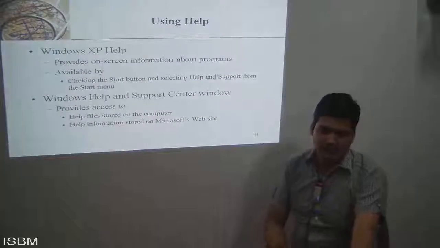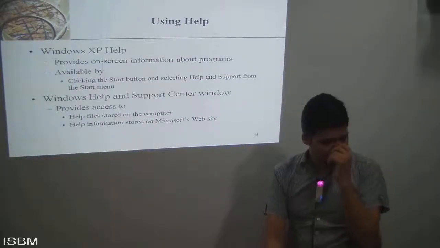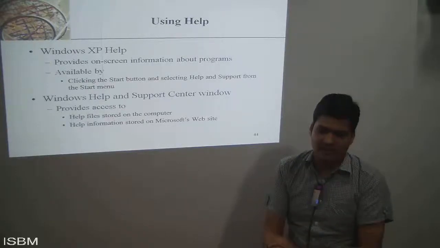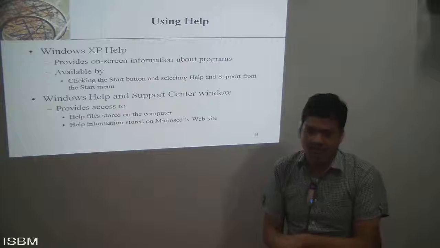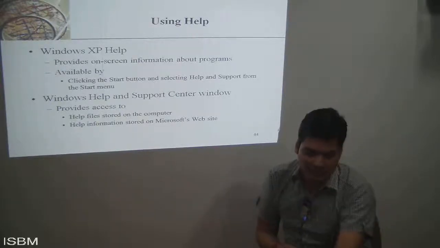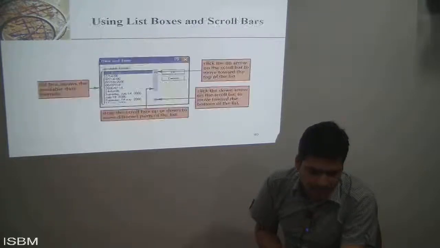The next is using Help. Windows has a property, Help, that provides on-screen information about the programs, available by clicking on the Start menu and selecting Support. There is an option in the Start menu for Help.